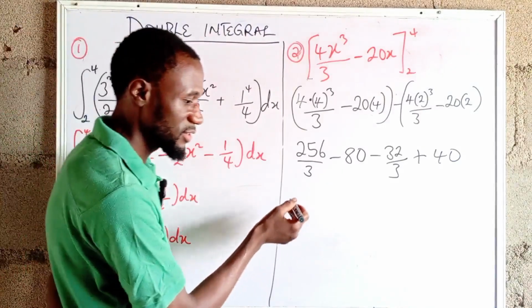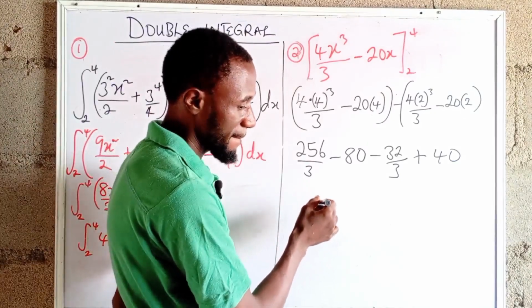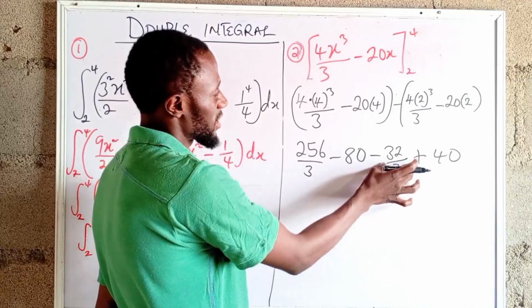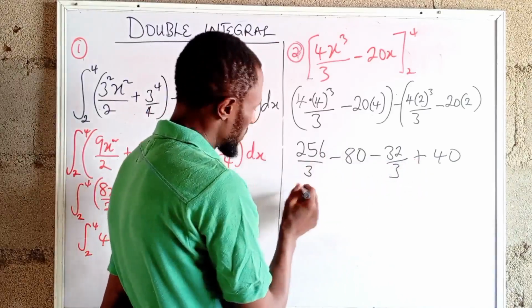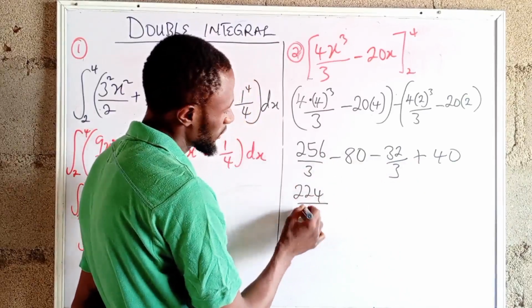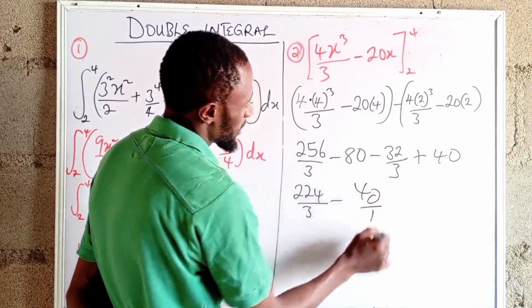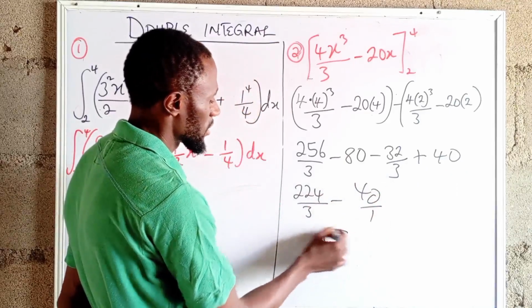Then in the next stage, we're going to subtract 256 minus 32 over 3. I think here we're going to get 224 all over 3 minus 40 over 1. Now you can take the lowest common multiple as 3.